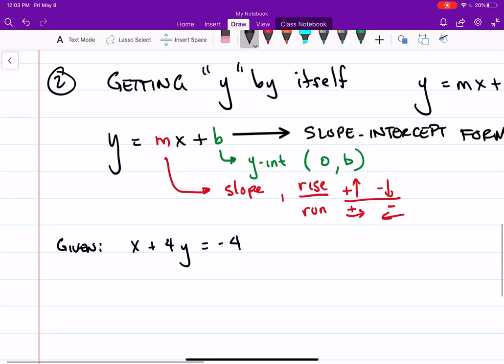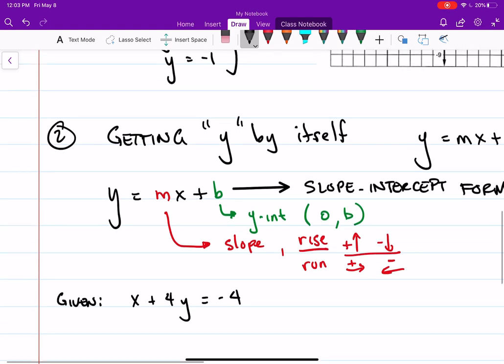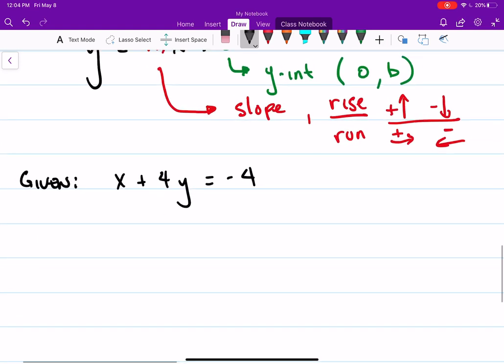In order to do the slope-intercept form, you do have to be pretty good at getting y by itself. Okay, so again, y is just a number, x is just a number. They are dependent on each other, and hence the relation. But just pretend that it's a number that you're trying to get alone.